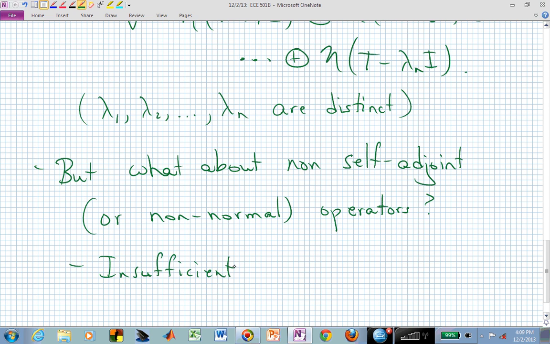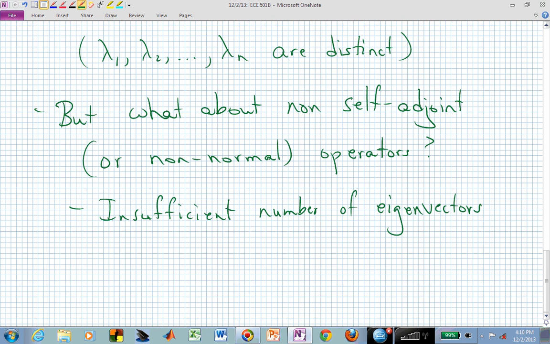In that case, we really don't have enough eigenvectors. There's an insufficient number of eigenvectors to give us a complete basis for our vector space V.